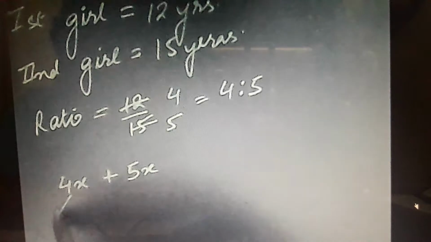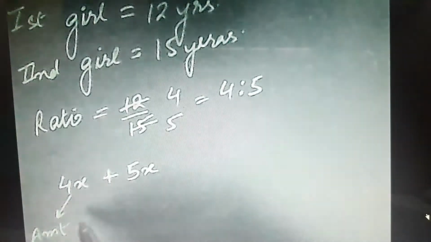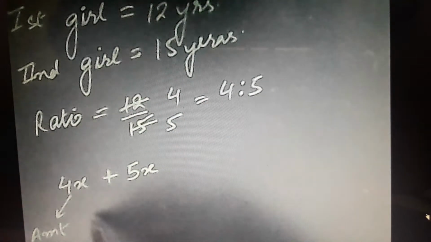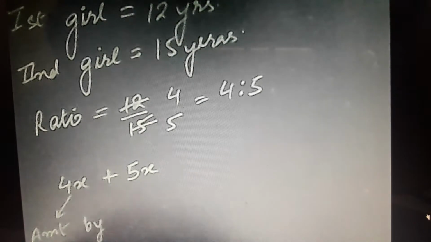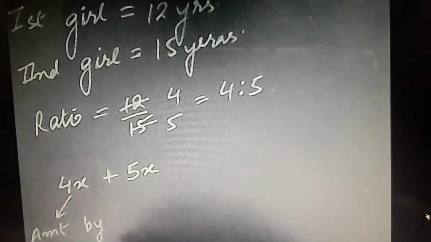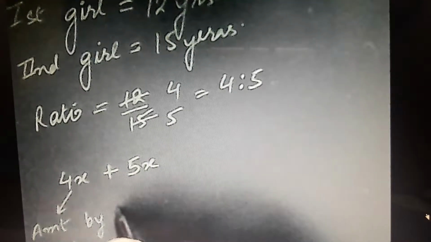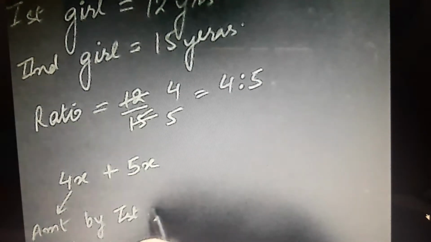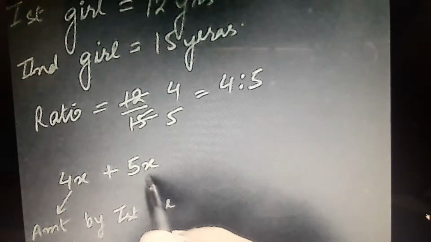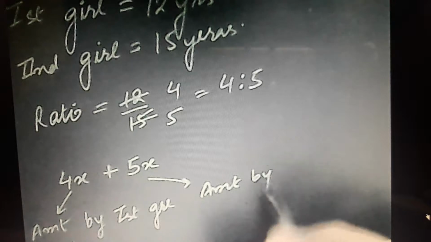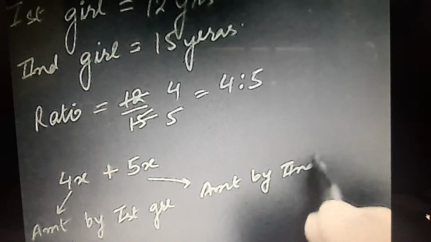So 4x is the amount received by the first girl, and 5x is the amount received by the second girl.